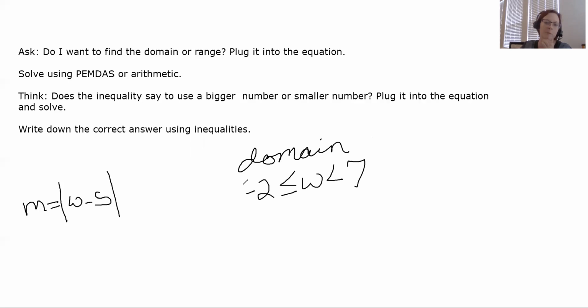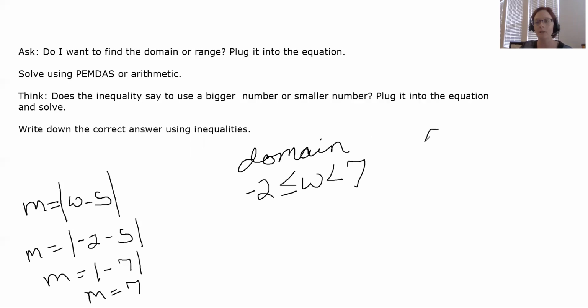Well, it begins the same way. We're going to plug it in. So m equals the absolute value of negative 2 minus 5. And we're going to solve. So we know part of our range is 7.